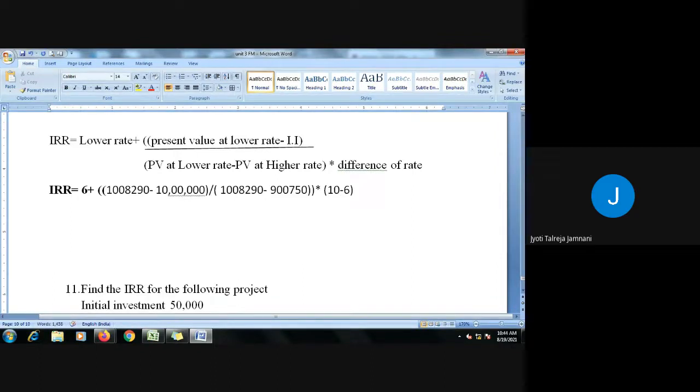So IRR is equals to 6 plus 10 lakh 8,290 minus 10 lakh, which is 8,290, divided by 1,07,540.